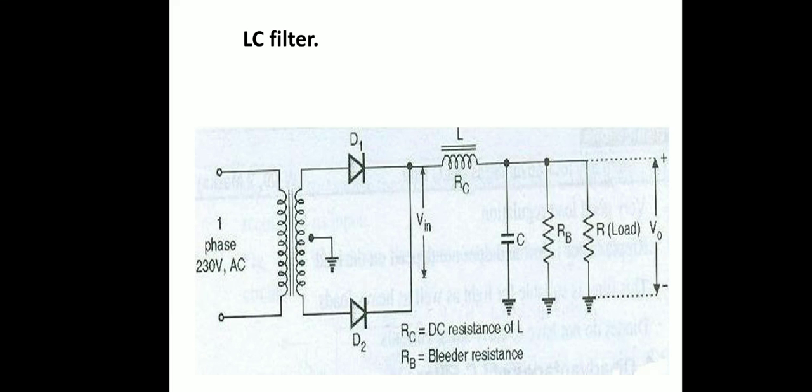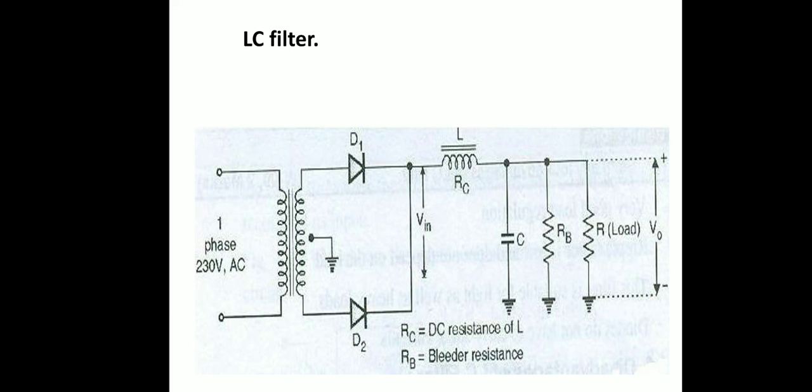Now let us discuss this circuit diagram of the combination of inductor and capacitor, means the LC filter. As you can see at the input side of the diagram, the single phase 230 volt AC supply is shown in the figure. Then there are two windings, the primary and the secondary winding.